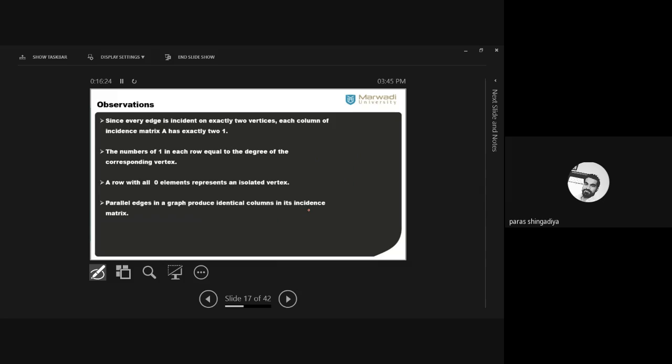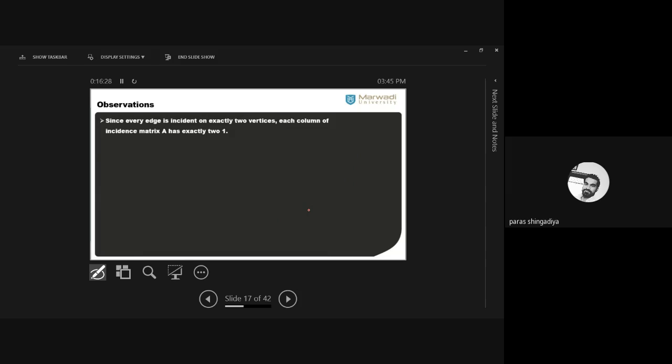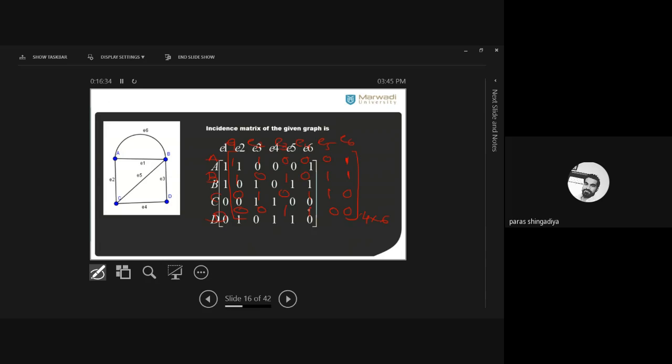A row with all 0s indicates an isolated vertex. If we have any isolated vertex in the graph, suppose here there is a fifth vertex, A B C D E, and that is isolated, meaning its degree is 0. Isolated vertex means degree is 0, no connection with the rest.